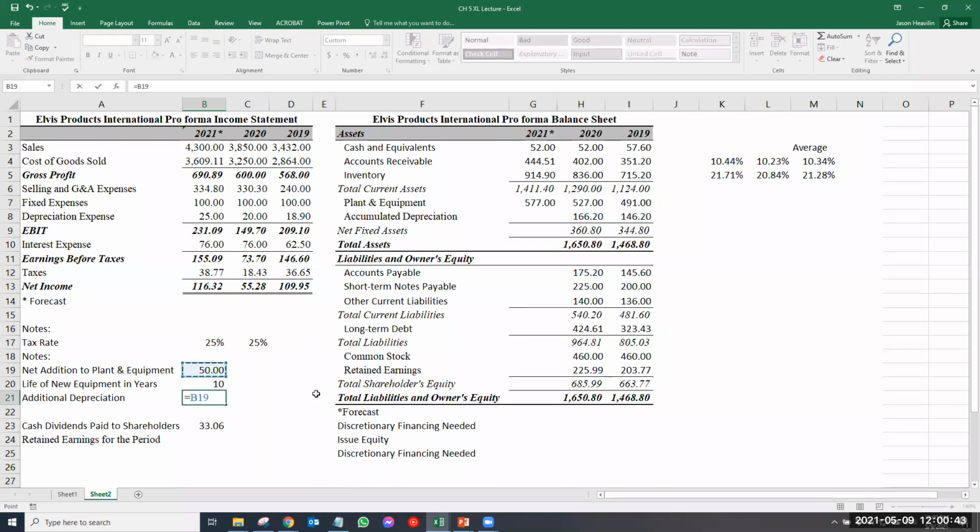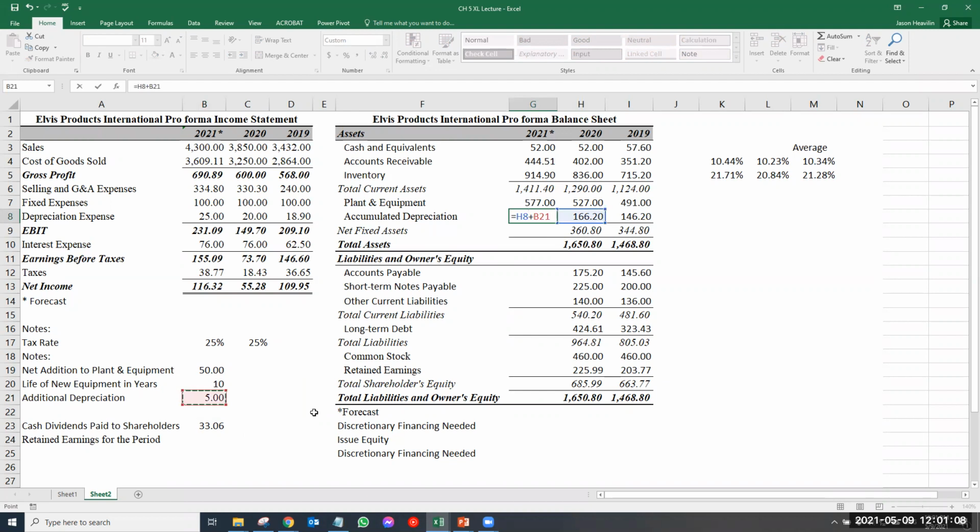We take the 50 and divide it by the 10 years. And that gives us the 5. So we have an increase from the previous depreciation of 5. So we take this accumulated depreciation plus the 5.